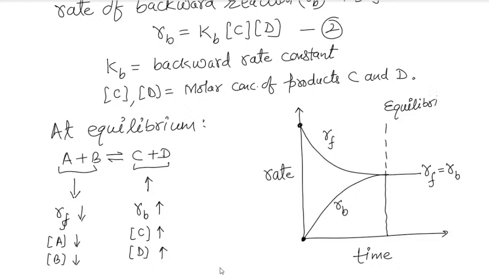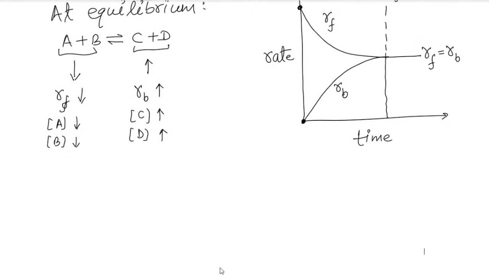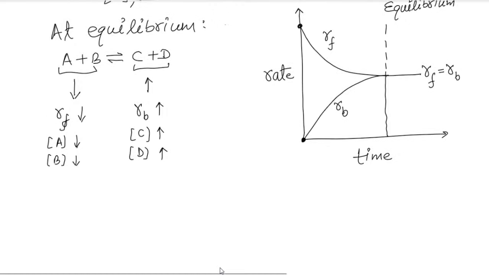After that, equilibrium is there, because the rate of forward reaction becomes equal to the rate of backward reaction. At equilibrium, the rate of forward reaction is equal to the rate of backward reaction.